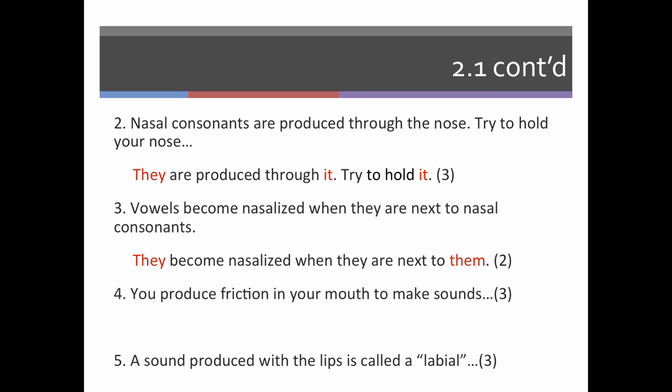All right, so they became nasalized when they are next to them. So we can replace vowels with a pronoun. We already have a pronoun they present in the sentence. And then we can also replace nasal consonants with a pronoun. Okay, and number 4.